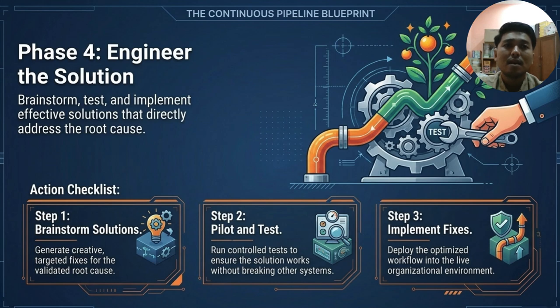This helps verify that the proposed solution actually works and does not create new problems elsewhere. The objective is to optimize the process by eliminating the root causes identified in the previous phase. A successful improve phase leads to measurable gains in quality, productivity, efficiency, and customer satisfaction.